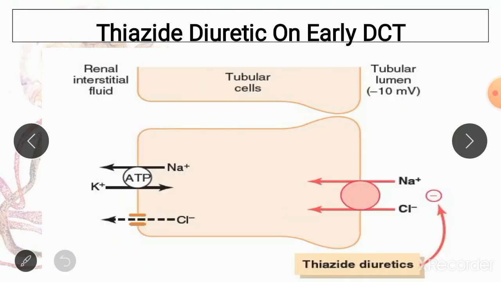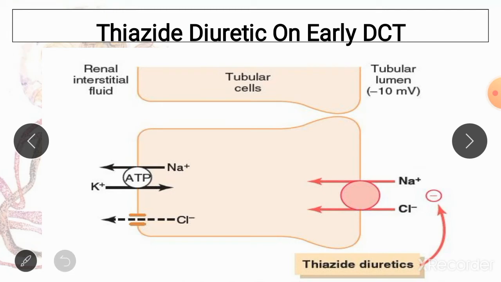Let us now discuss some diuretics which act specifically on the early part of the distal convoluted tubule, and a very important one is the thiazide diuretic. What thiazide diuretic does is it inhibits the sodium chloride co-transporter present in the early distal convoluted tubule.